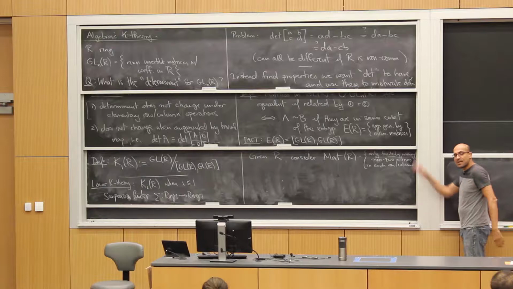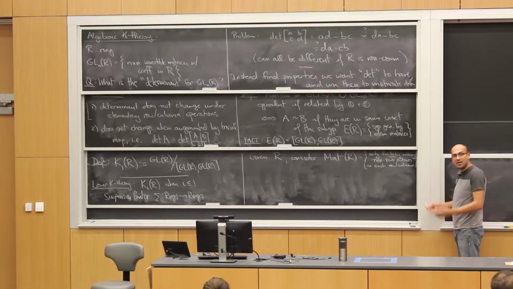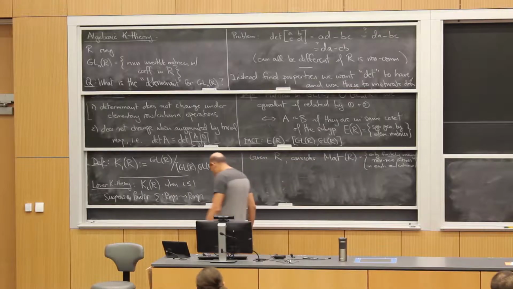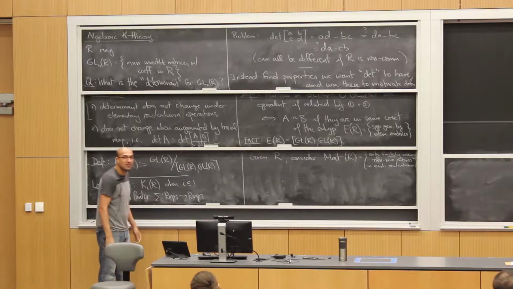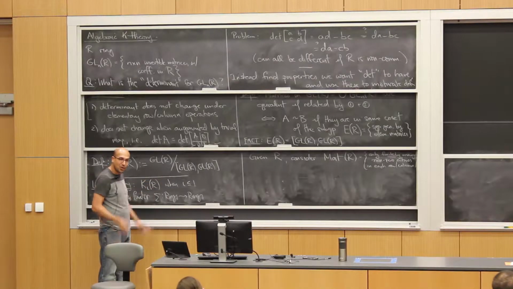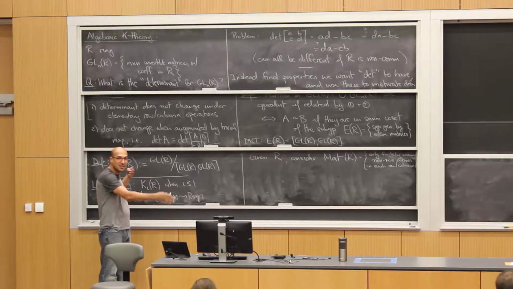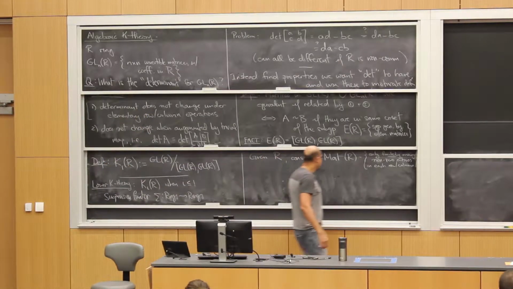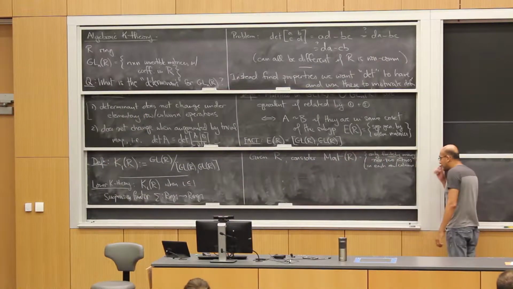You've got only finitely many entries in each row and column. You add two such matrices, you still have only finitely many non-zero entries in each row and column. And you can also multiply them. If you had infinitely many entries, you could run into convergence problems. You'd get some infinite sum, which doesn't really make sense in a ring. But this now here is a ring.